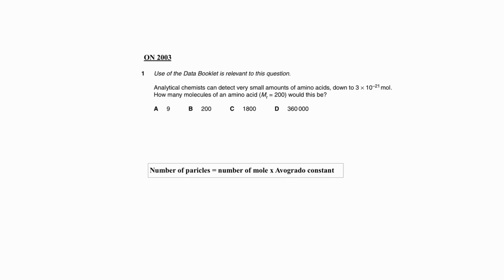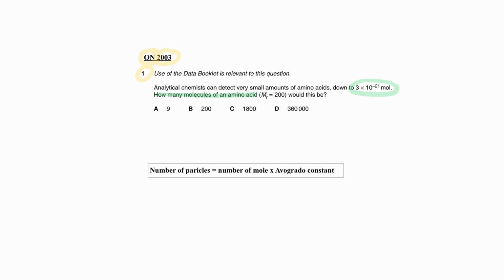The next question is from October-November 2003, question 1. The question wants us to find how many molecules of amino acid are in this amount of moles.